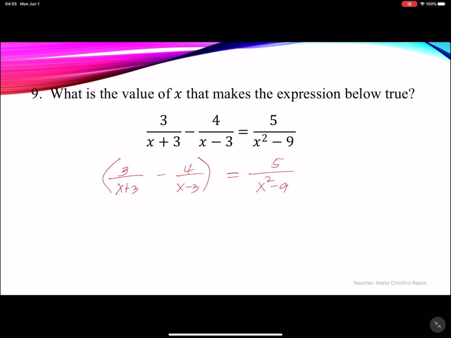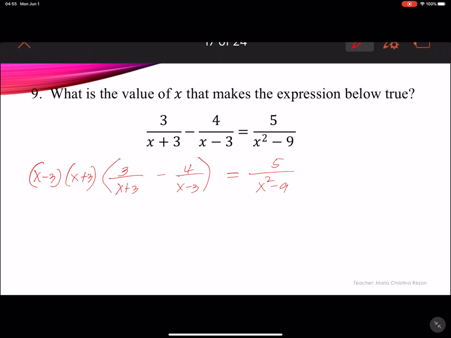And then the common denominator, or the LCD of x plus 3 and x minus 3, is just x minus 3 times x plus 3. Okay? And then what you do on this side, you will also do on the other side of your equation.